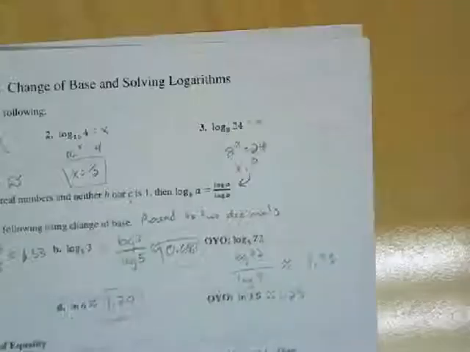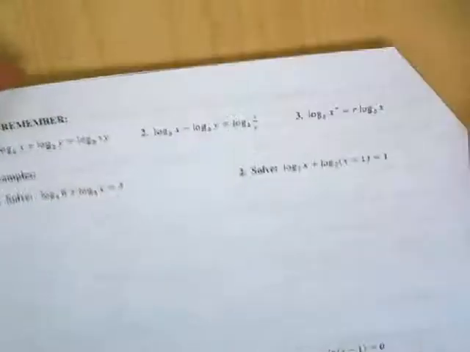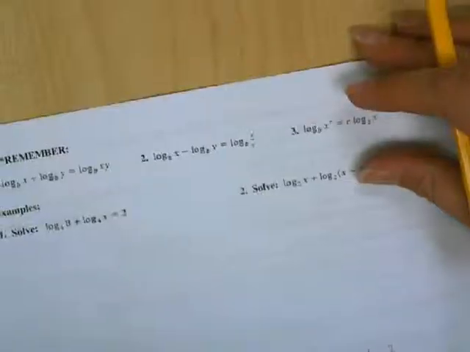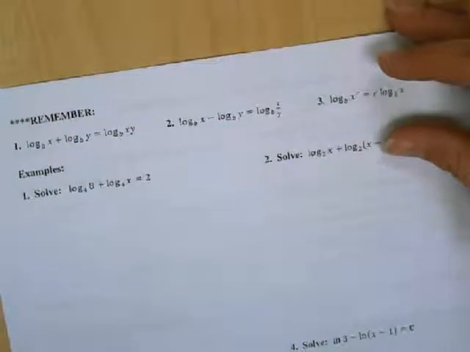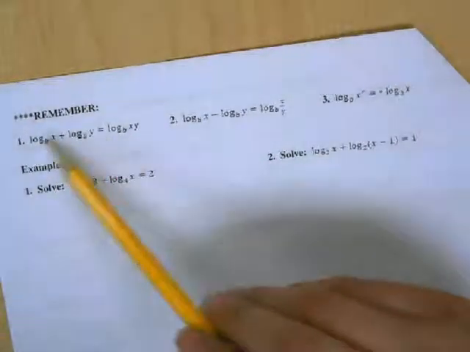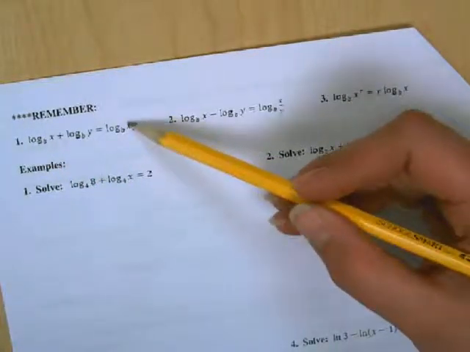Alright, so now moving on. We also have to use our properties. Okay? We also have to be able to use those properties. So, for instance here, these are our 3 properties from the last unit. So when I have, this is the product property. If I'm adding 2 logarithms with the same base, then I multiply the arguments together.